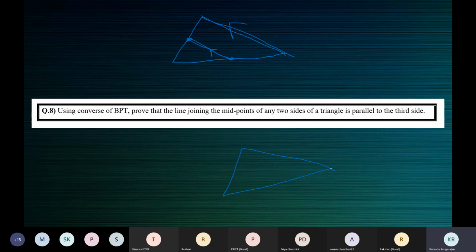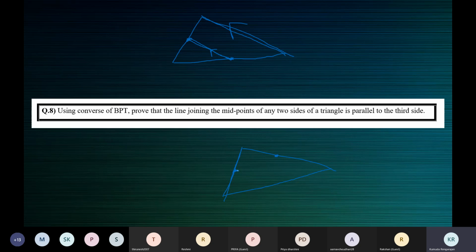So another triangle, supposing you know the midpoint of this side and this side. This is the midpoint of this side, and this one is the midpoint of this side. This is given to us. Then what is the result?